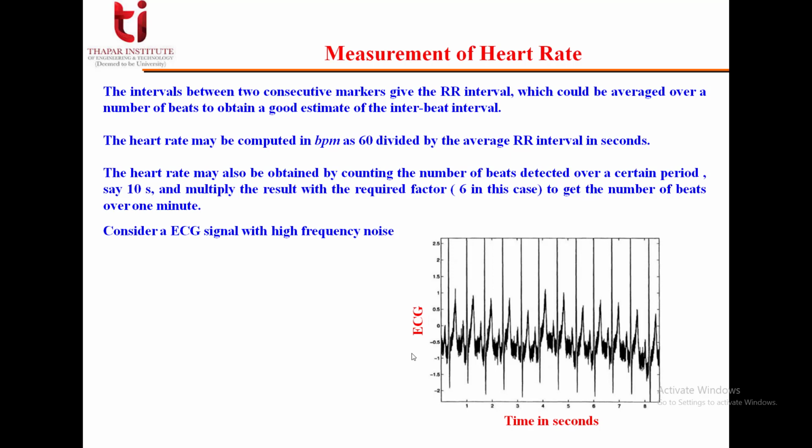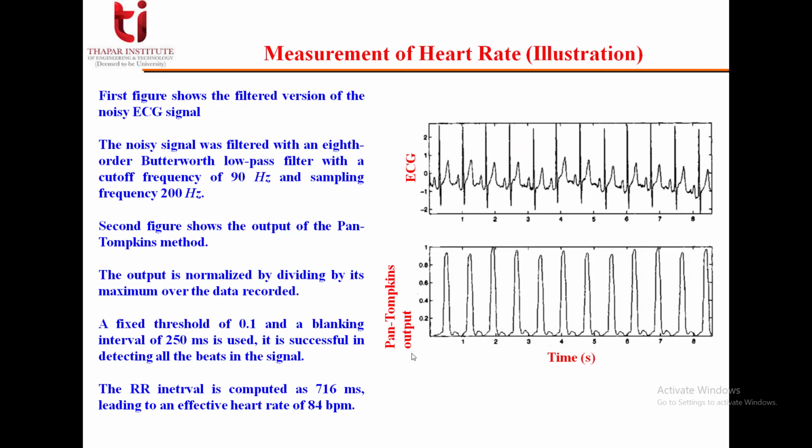Now let's see one illustration. For that, consider an ECG signal with high frequency noise, as you can see in this figure. Then the first figure in this shows the filtered version of that noisy signal. So the noisy signal was filtered with an 8th order Butterworth low pass filter with a cutoff frequency of 90 Hz and sampling frequency of 200 Hz.